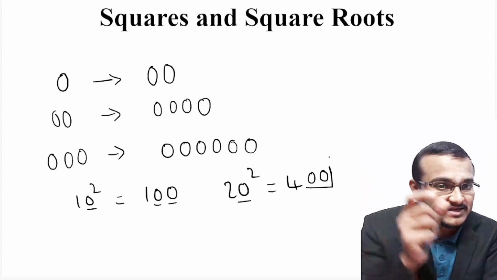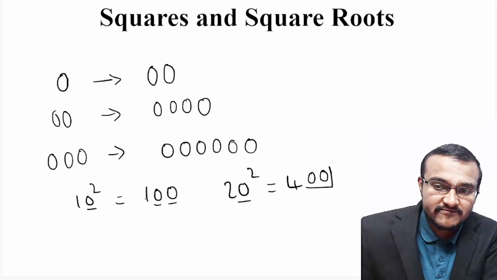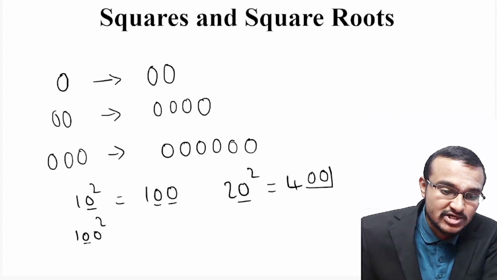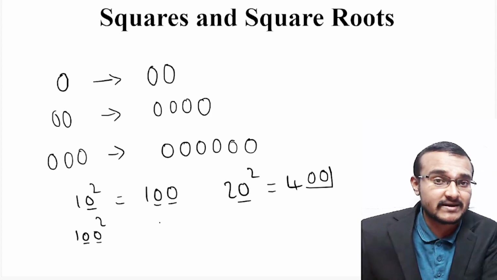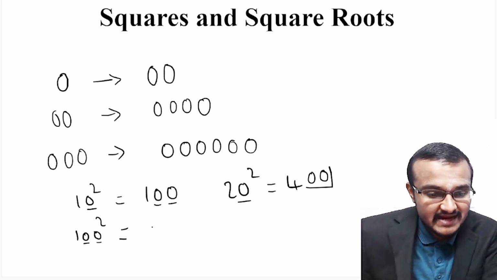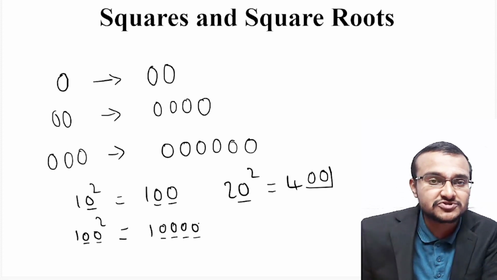So 2 times the number of zeros in the number will be there in the square. If I take another example, let's say 100 square, here you can see 2 zeros are there in this number, so its square will have 4 zeros. That means 100 square is equal to 10,000, and 10,000 has 4 zeros in it.